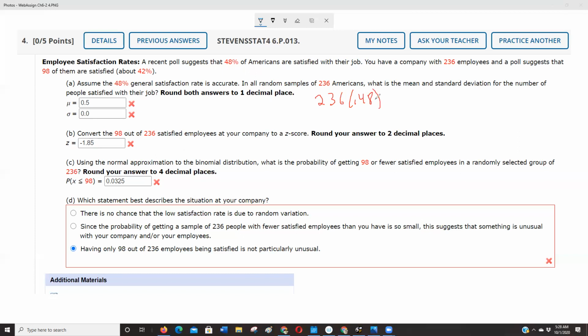I'm going to actually get an exact answer here. 236 times 0.48, not 48. I'm getting 113.28.